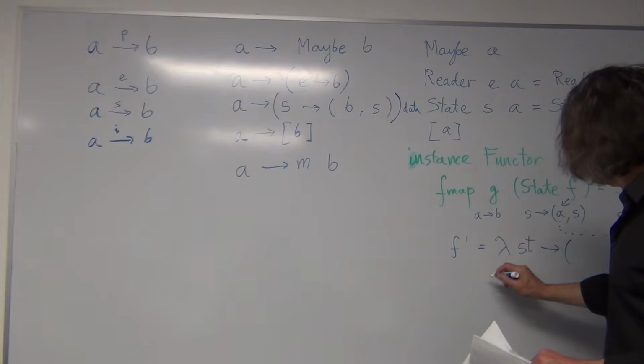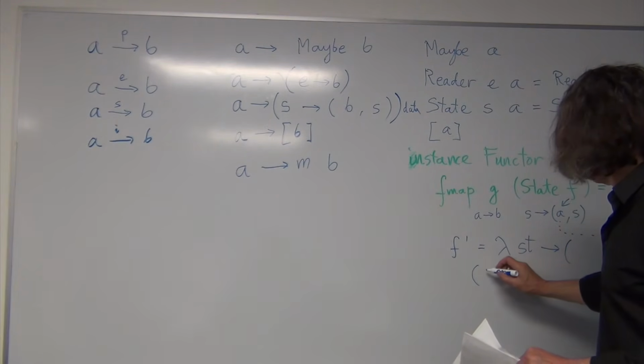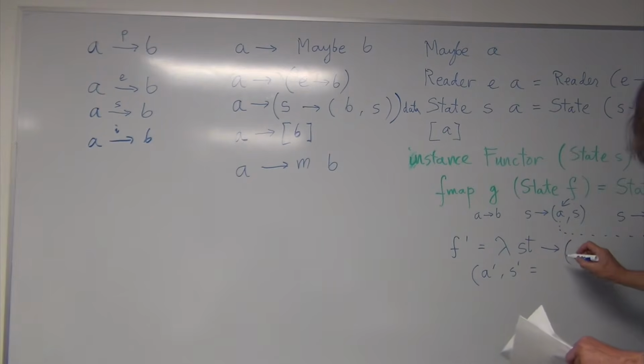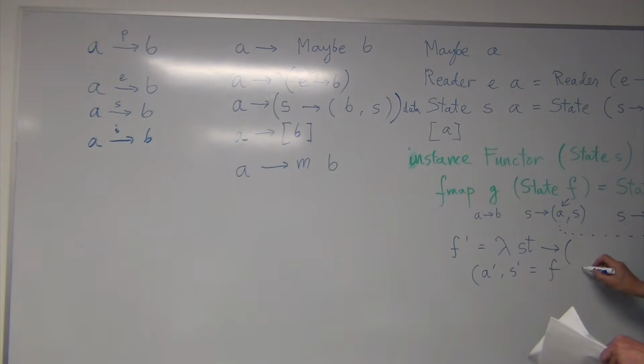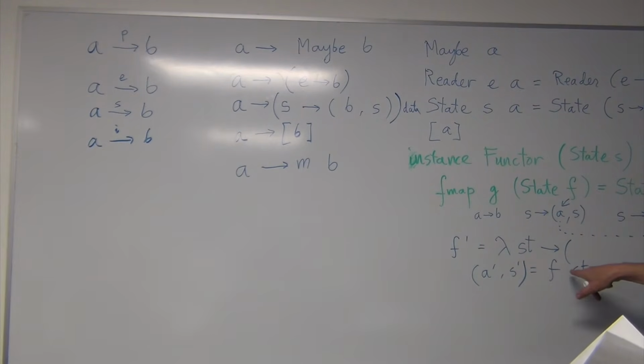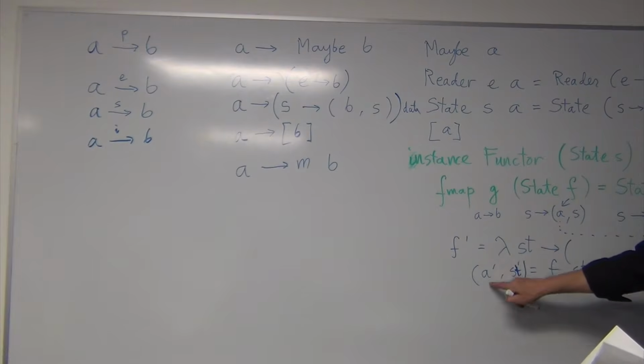So let me say that some kind of a prime, st prime equals f applied to st. So f applied to st will produce a pair of some a and some st prime. So these are values.